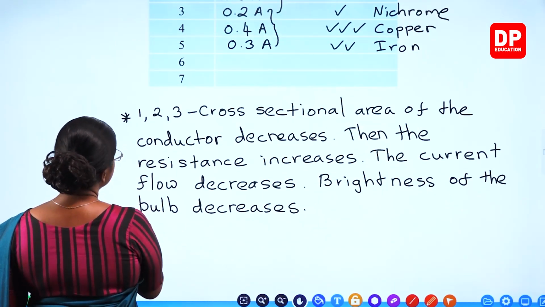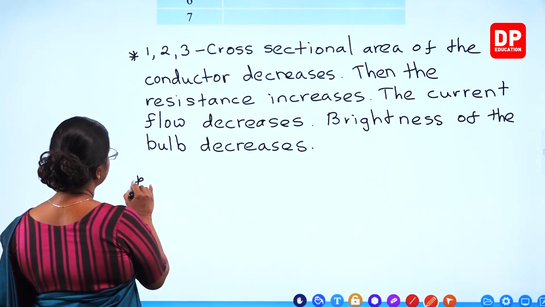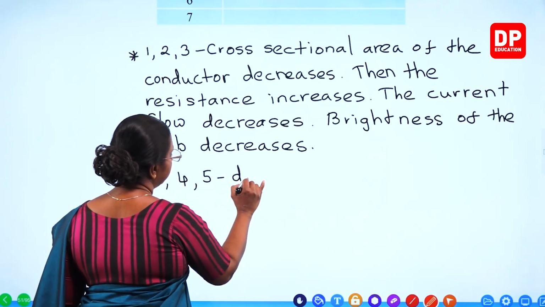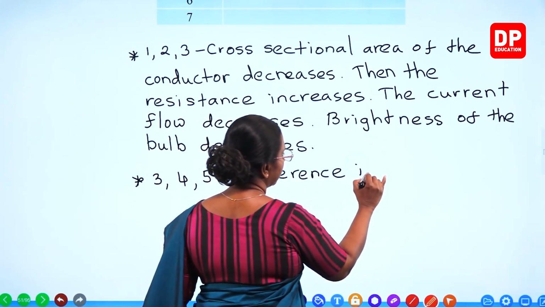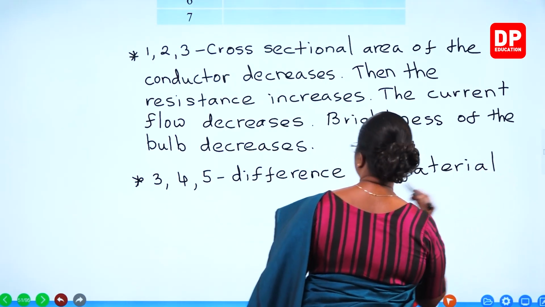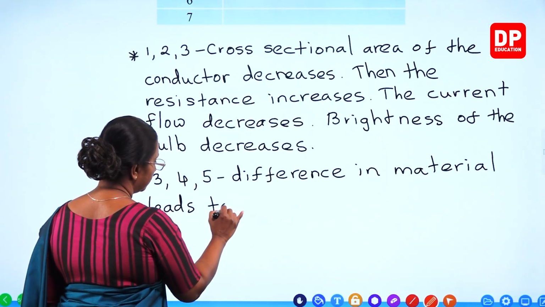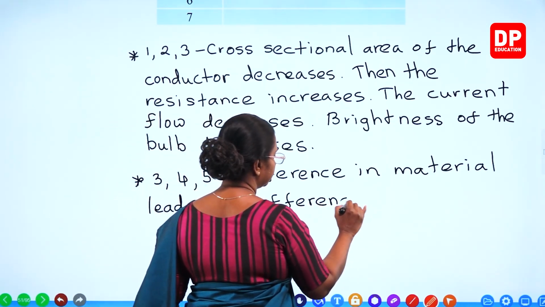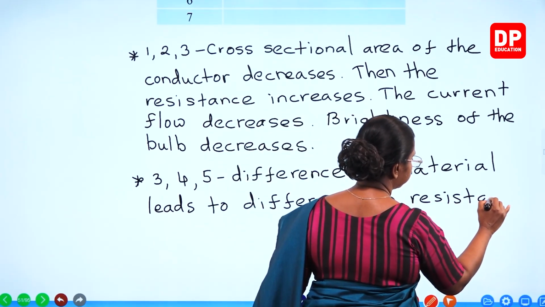So if we consider 3, 4, 5, difference in material leads to difference in resistance.